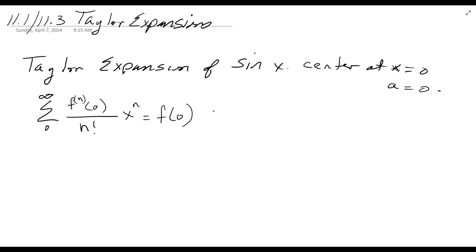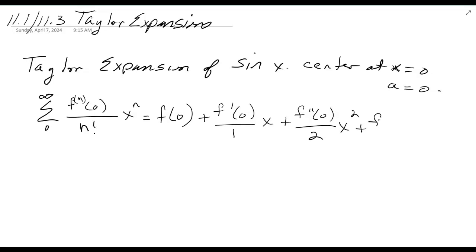All right, so let's expand that out a little bit so we know what it looks like. Let's just start with f of 0, times x, plus f double prime of 0 over 2 x squared.